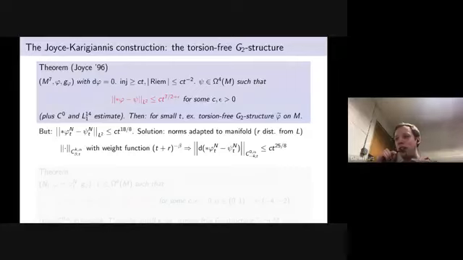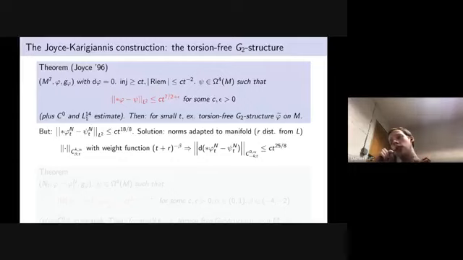Right. So what do I mean by norms adapted to the manifold? Remember we took r to be the distance from L, from the associative, and then we use weighted Hölder norms, which are denoted like this: C^{k,alpha}_{beta,T}. k, as usual, is the number of derivatives, alpha the Hölder exponent, and beta, T tell you that you are using the weight function (T + r)^{-beta}.